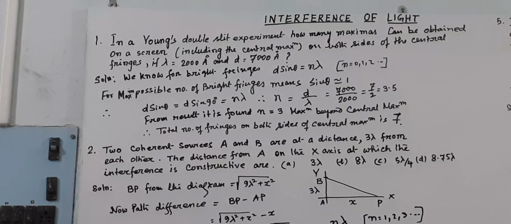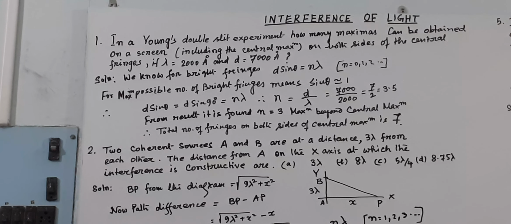Two coherent sources A and B are at a distance of thrice lambda from each other. At what distance x from A on the x axis is the interference constructive? There are 4 choices. From here we can see the distance BP will be root under 9 lambda square plus x square.